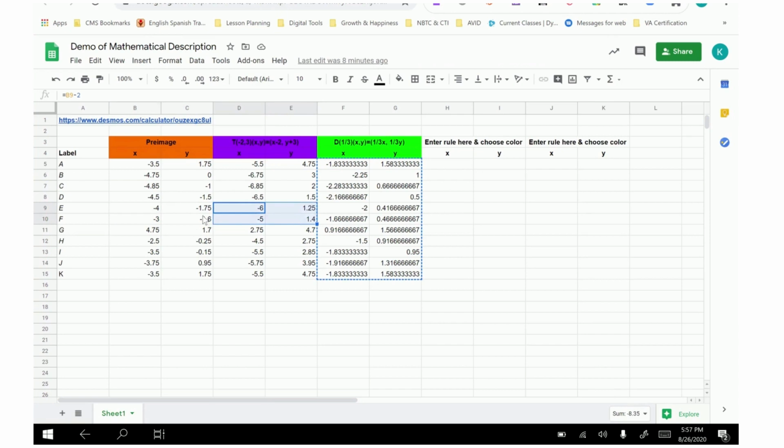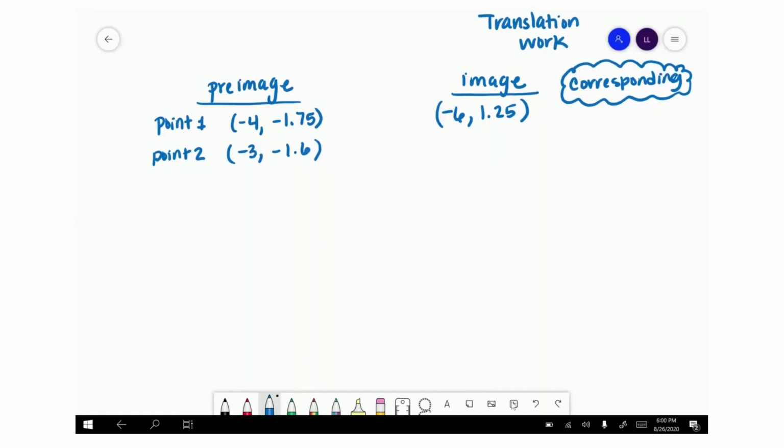But let's take this step by step. Let's write these 2 points first on the little whiteboard down here. Instead of saying point 1 and point 2 like the directions say, I'm going to label them with the letters from my table.